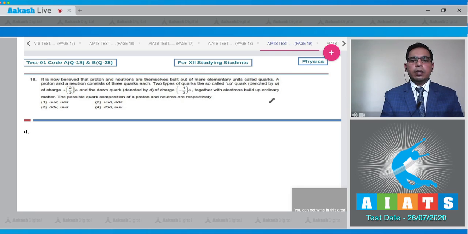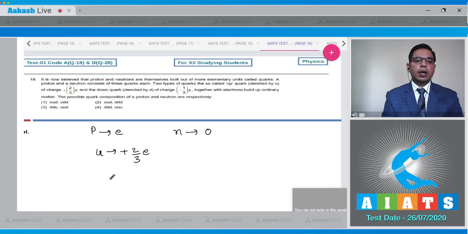Together with the electrons they build up ordinary matter. The possible quark compositions of the proton and neutron are. Now dear students, we know that proton has charge e and neutron has charge 0. Now up quark has plus 2 by 3 e charge and down quark has minus 1 by 3 e charge.